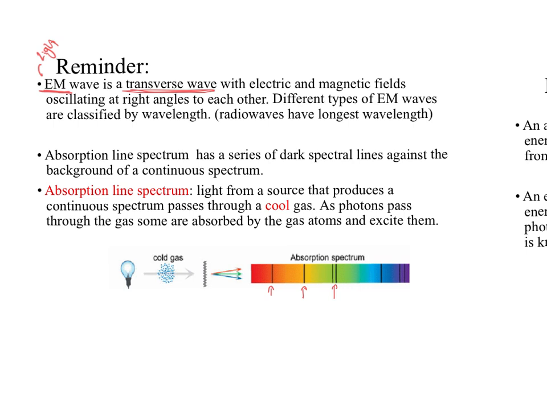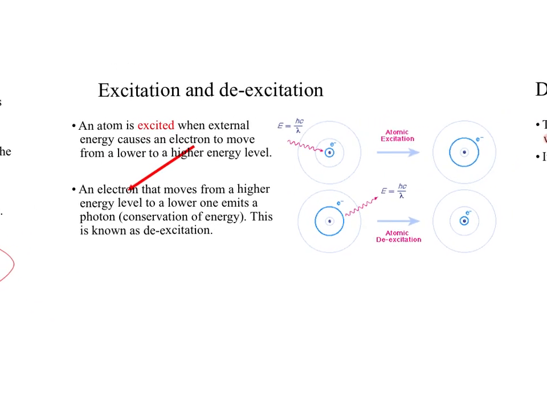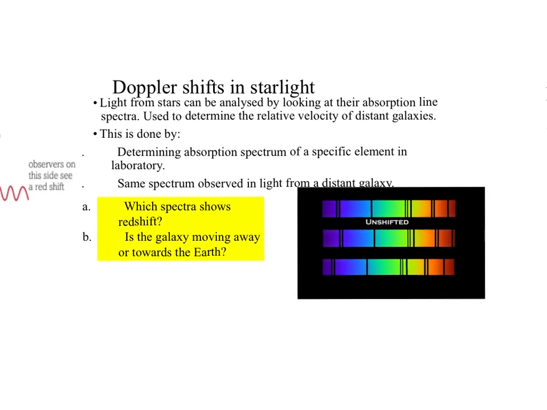So that's a quick reminder, because we will be looking at how it shifts to either side based on the Doppler effect. And that's what we use to figure out whether the Big Bang Theory has relevance. Okay. I will skip the excitation and de-excitation because we just did it recently, and I'll just proceed to the next part.